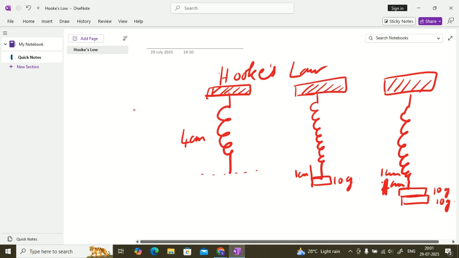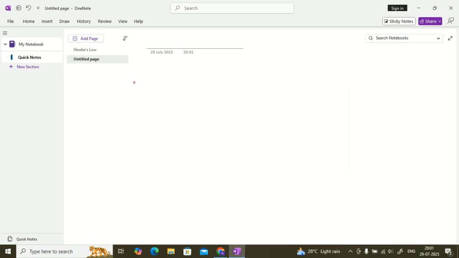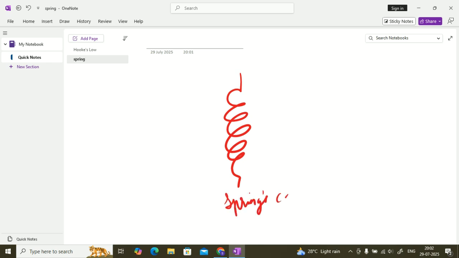So what we can understand from the spring constant: if the spring is delicate, the spring constant is going to be less. The spring constant is nothing but the power of a spring. If we need more force to extend it, that means its spring constant is high.